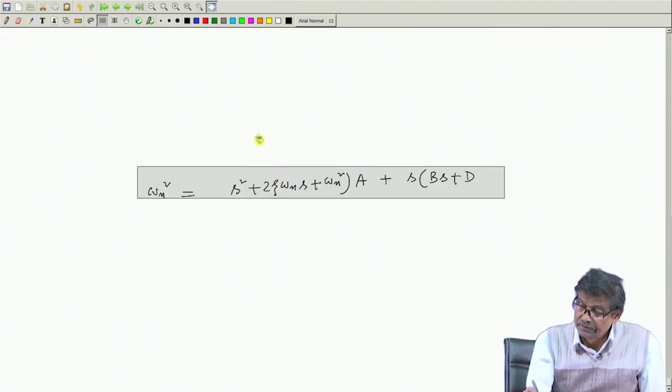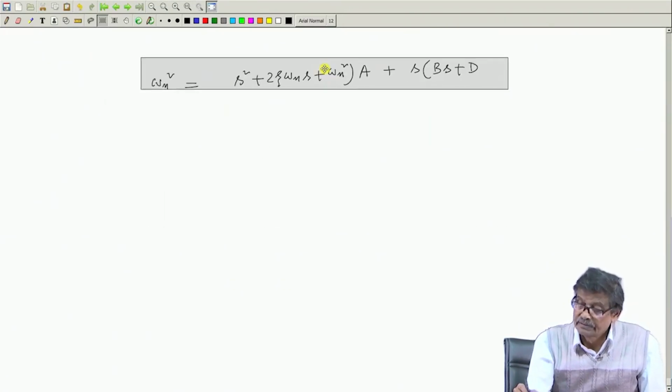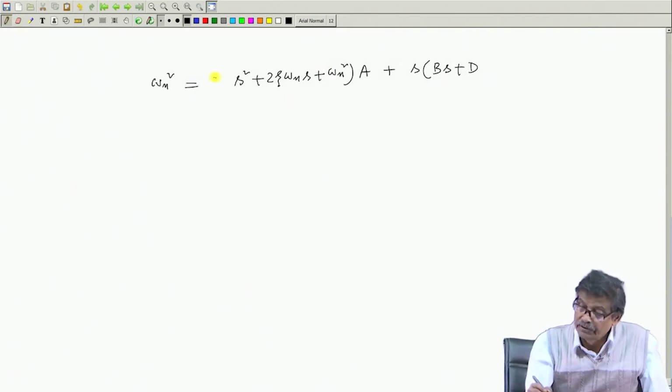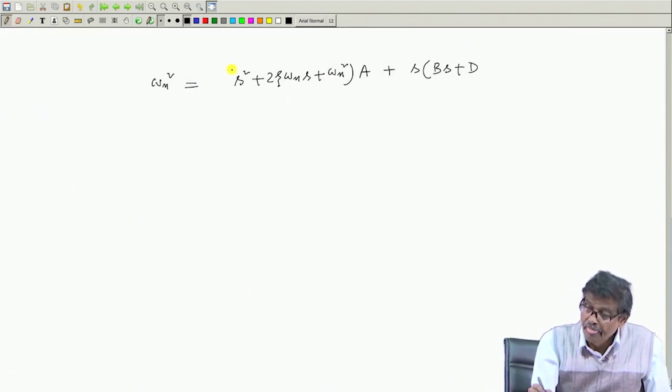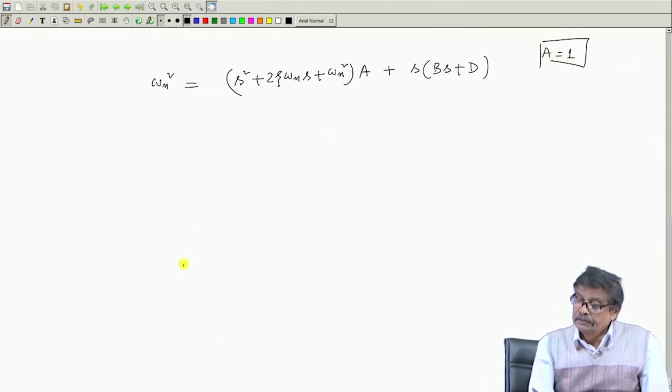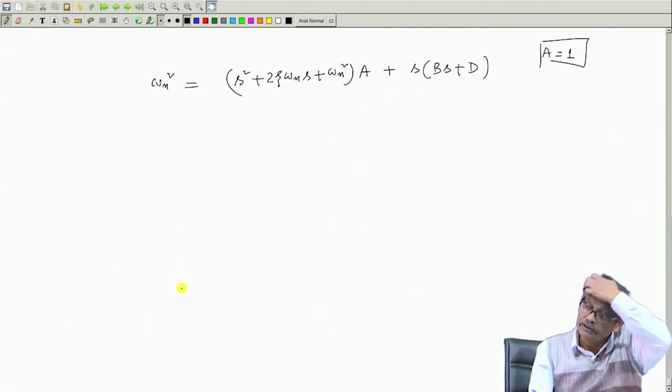This is the equation, and we have already got A equal to 1.